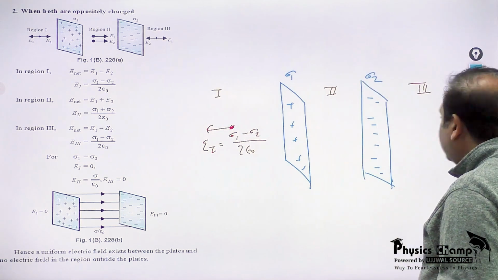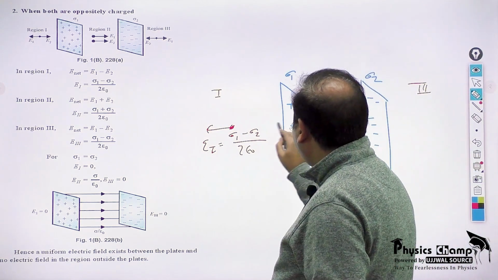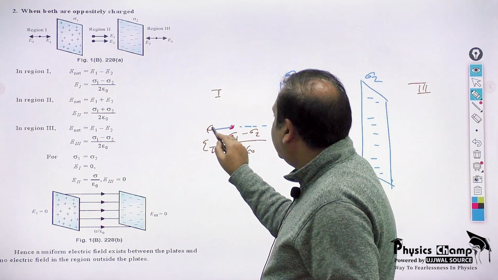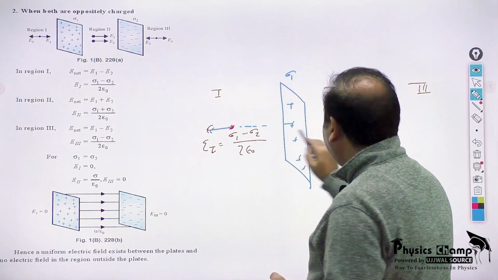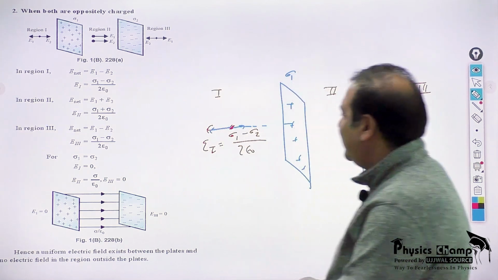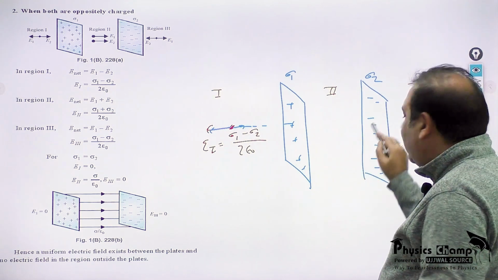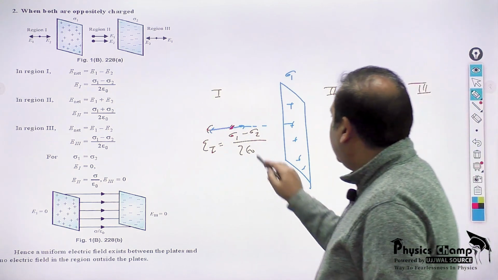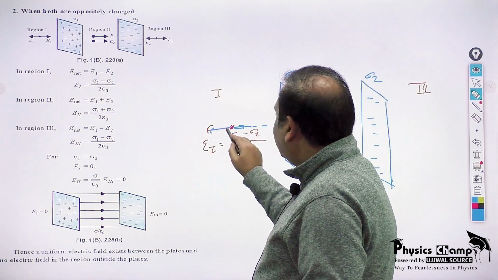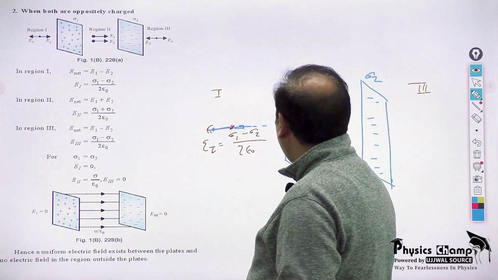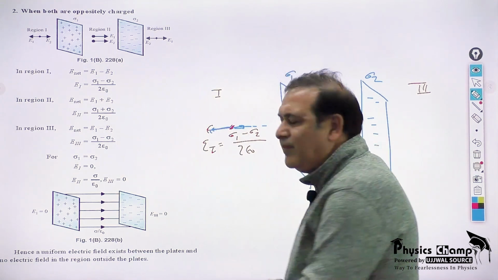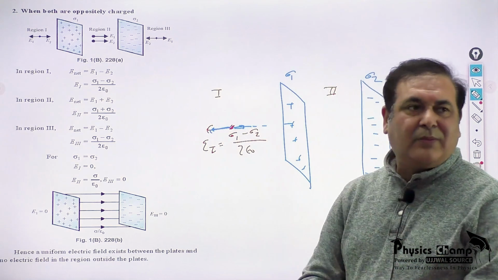Due to this positive, the electric field will be away from it. And due to this negative, the electric field will be towards it, always towards it. So in this left region, it is E1 minus E2, or E1 plus minus E2.